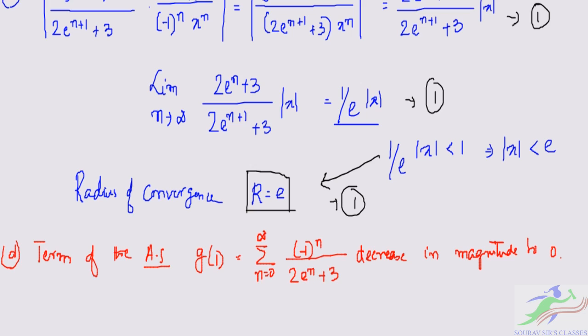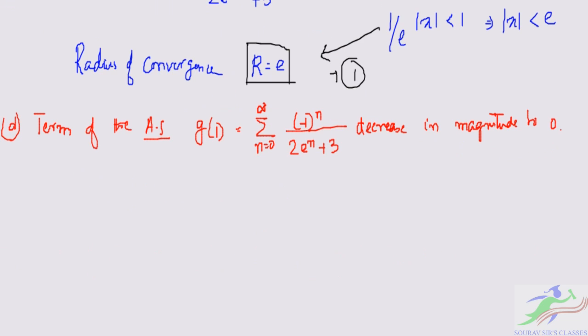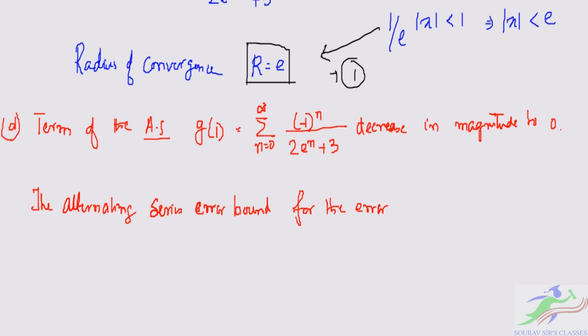So the alternating series error bound for the error of the approximation is the absolute value of the third term of the series.